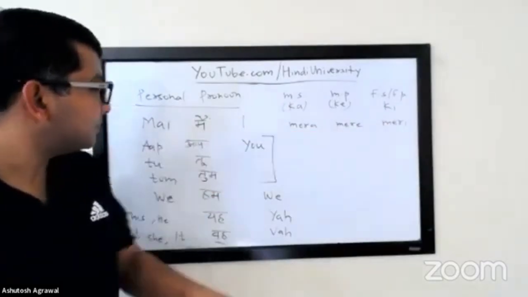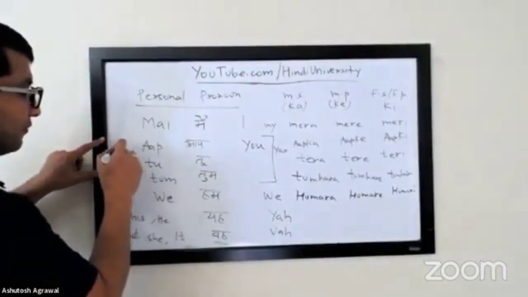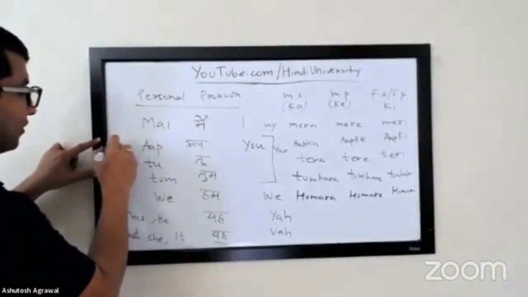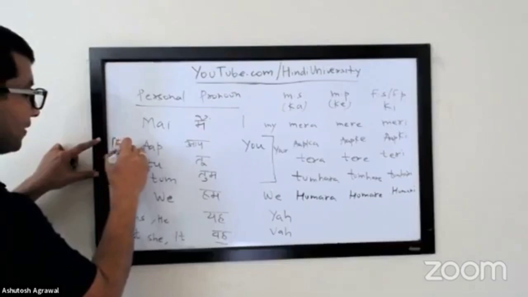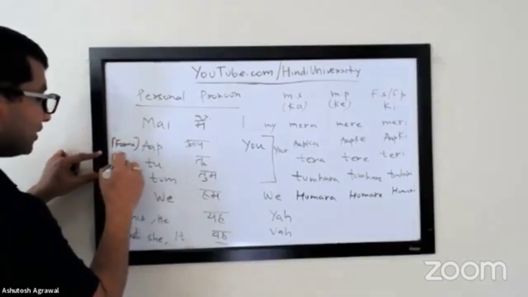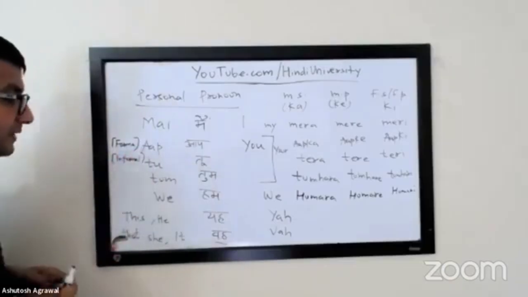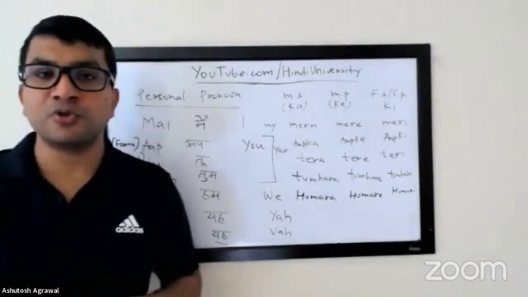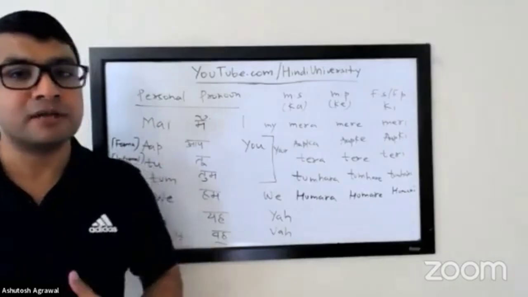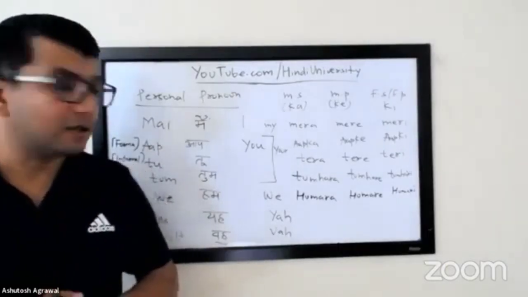Let's talk about aap. When you want to give respect to someone, you will by default use the formal form aap. Tu is a little bit more informal. If you're a very close friend and you don't mind, you will not be using aap. You will end up using tu, which shows the tighter connection you have.